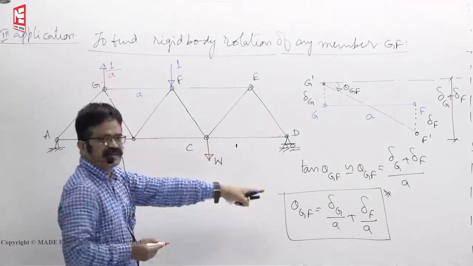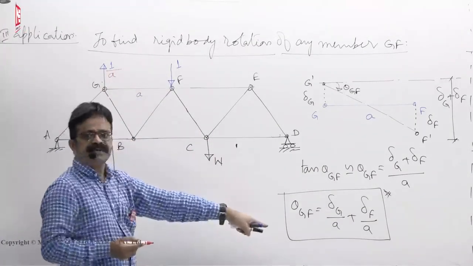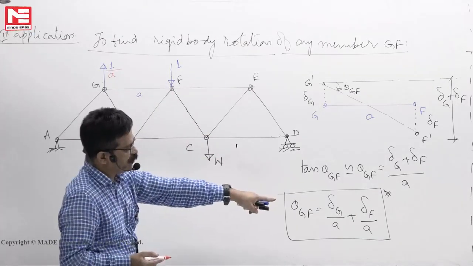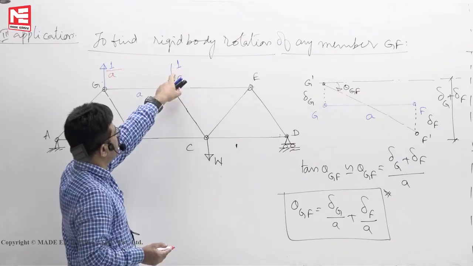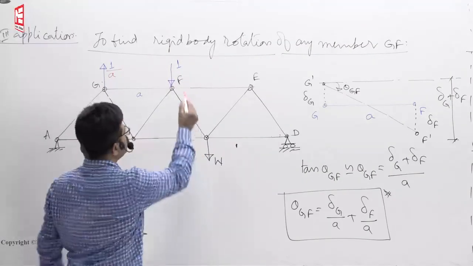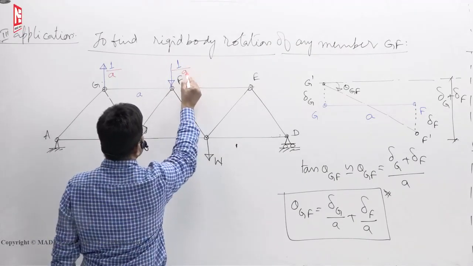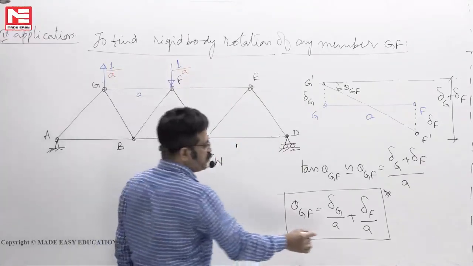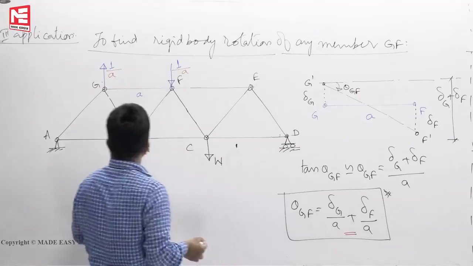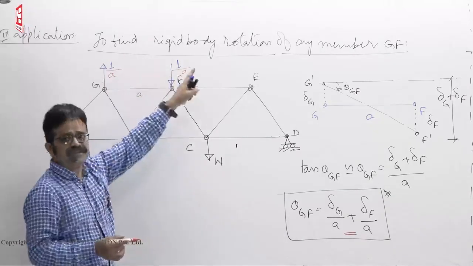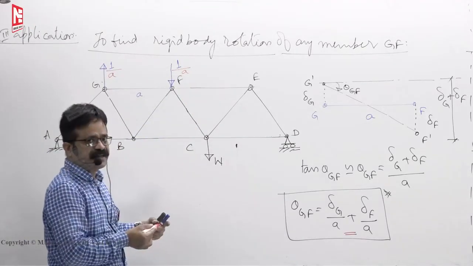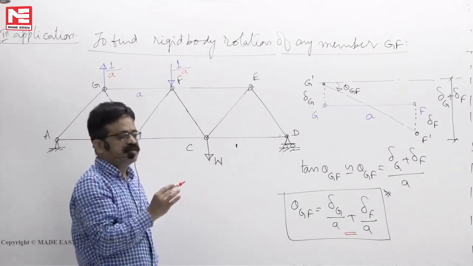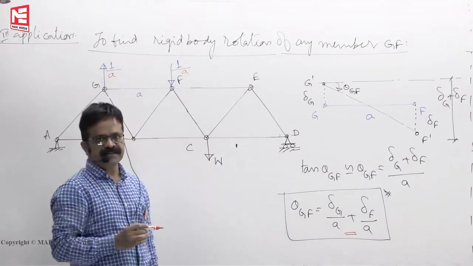If I apply 1, I get delta G. If I apply 1 by A, I will get delta G by A. Here also, I wanted delta F by A. If I apply 1, I will get delta F. So don't apply 1, apply 1 by A. Then delta F by A I will get directly. I want the summation also. So instead of separately calculating the 1 by A values two times and adding, apply 2 unit loads at once. Then the summation you will also get directly.